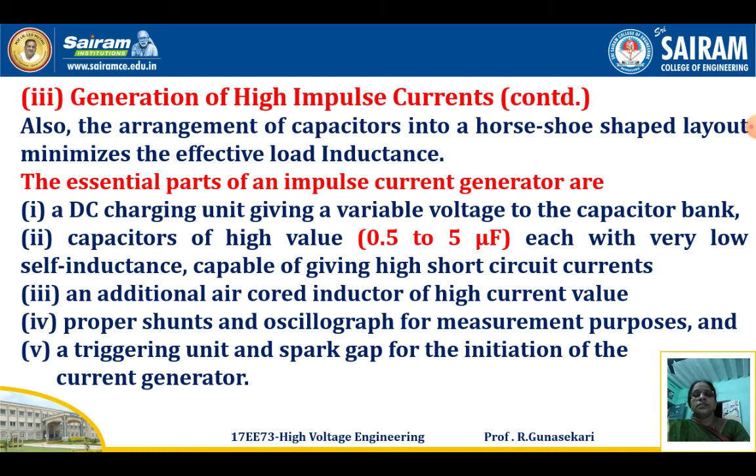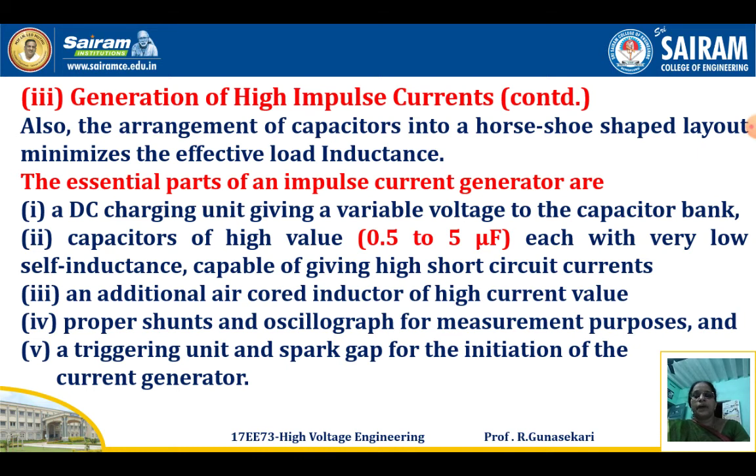The next part is an additional air cored inductor. The air cored inductor is designed for high current values only. The next part is the proper shunt and oscilloscope, that is the CRO, which is used for measurement purposes only.